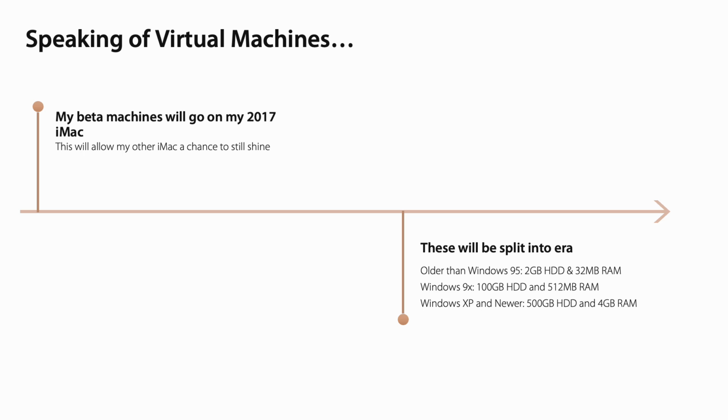But I'll test out a Windows 10 virtual machine and do a Windows 11 build and see what will become of that and see what results I get. If it works, I'll put that in as a separate machine as well. Again, I'll keep you updated on what goes on.